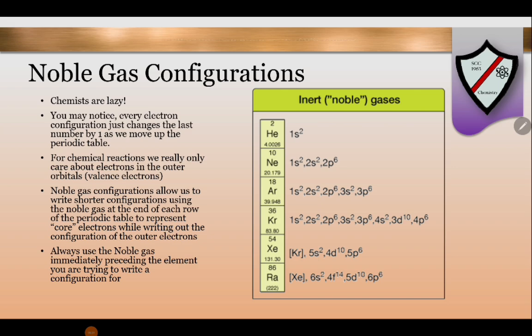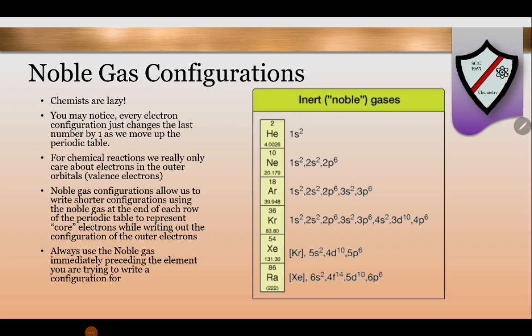Noble gas configurations allow us to write shorter configurations using the so-called noble gas at the end of each row of the periodic table to represent the core of electrons while writing out the configuration of the outer electrons. It always uses the noble gas immediately preceding the element you are trying to write a configuration for.